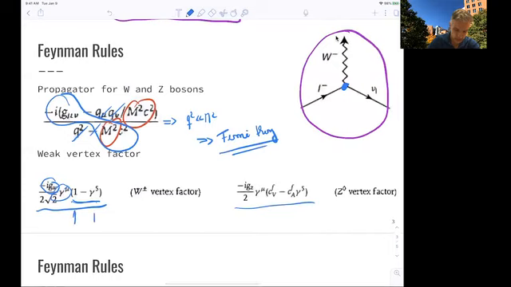There's a 1 and there's a gamma 5 matrix. We have talked about gamma 5 matrices already. We can later identify those as individual currents coupling to a vector current and an axial current.